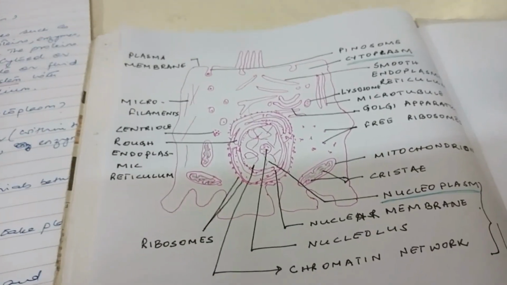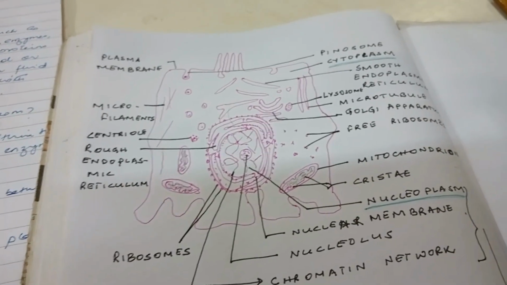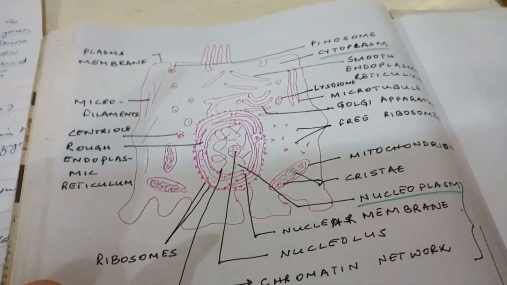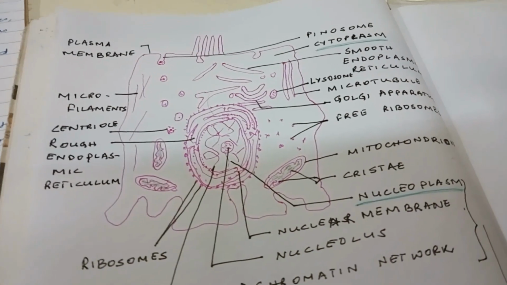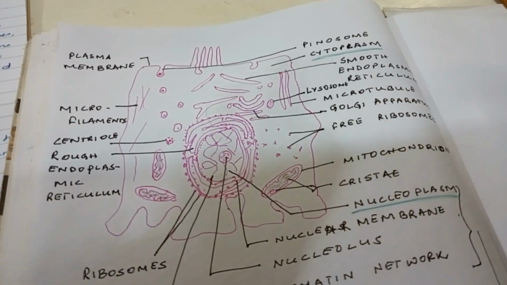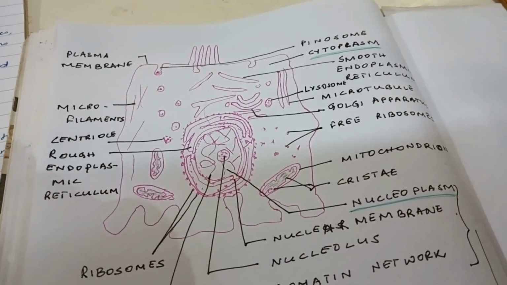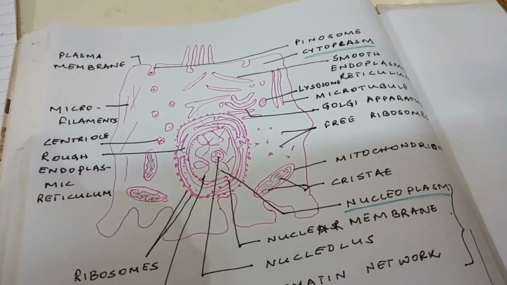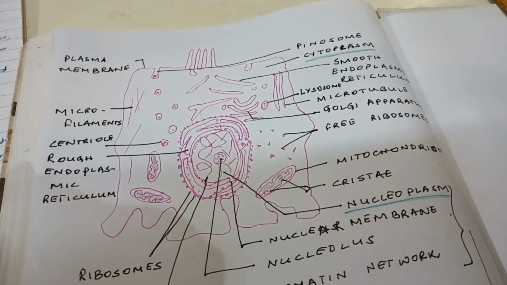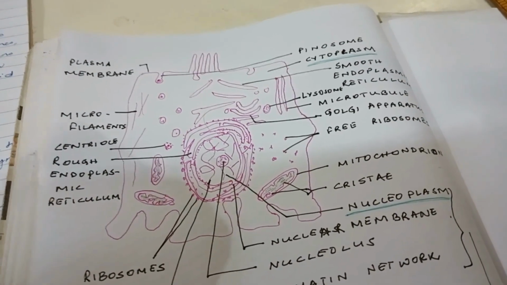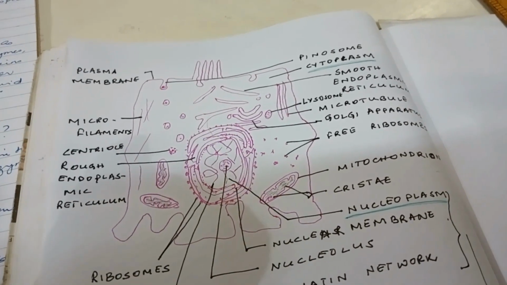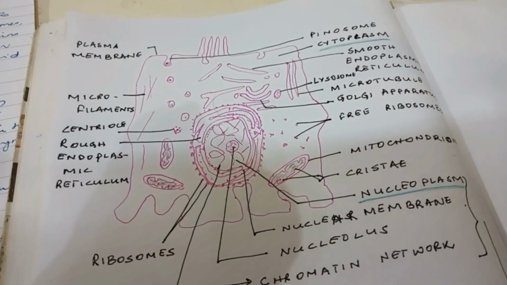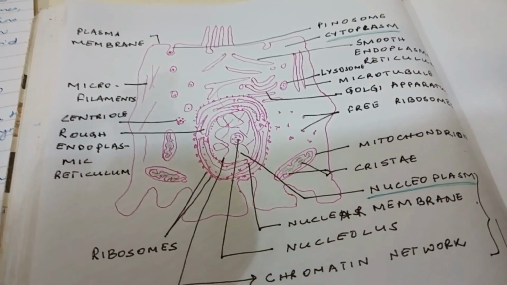Now, what does cytoplasm contain? The cytoplasm contains biomolecules such as amino acids, carbohydrates, proteins, enzymes, vitamins, nucleotides, transfer RNAs, etc. The proteins occur as colloidal particles.